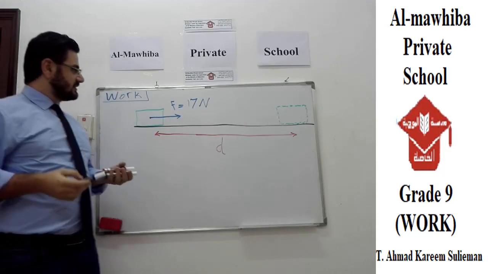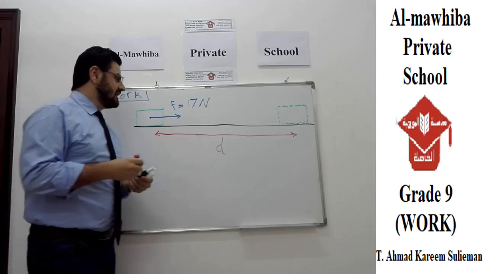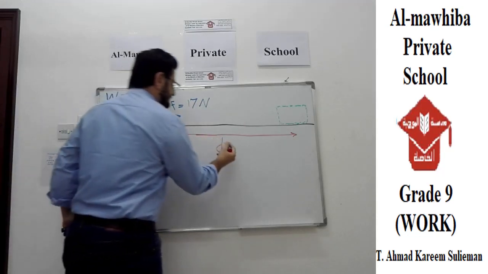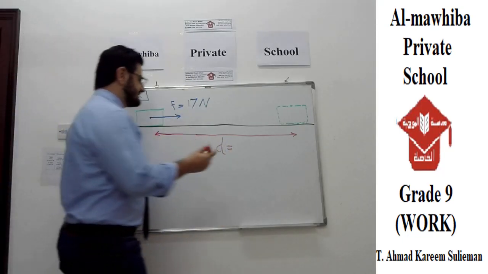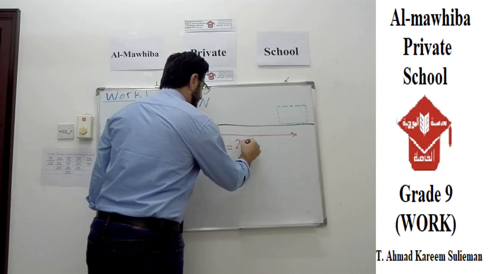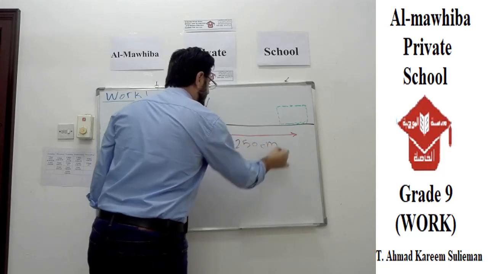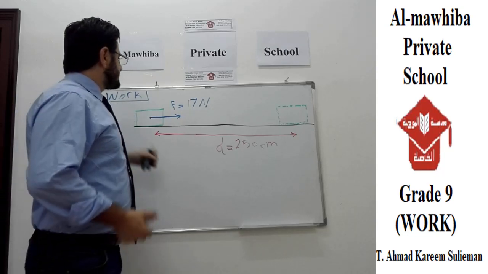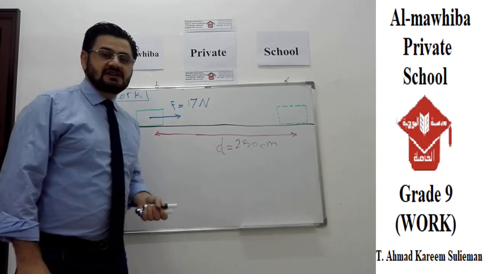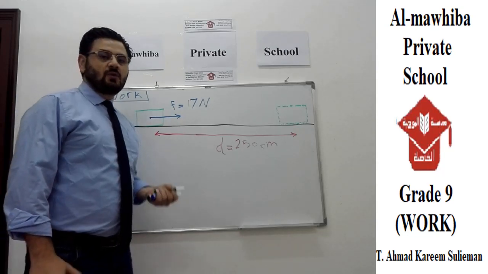Remember, we said that the unit of force is Newton, and this force moves the box a distance, let's say 250 centimeter. So in this case, the question is: calculate the work.